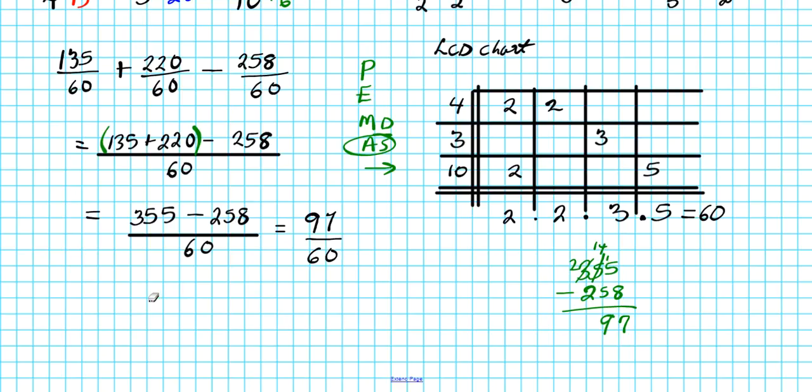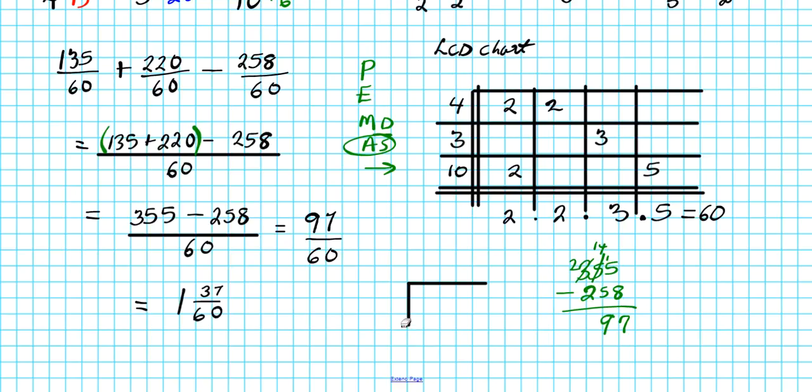This is an improper fraction. It can be expressed as a mixed number. 60 goes into 97 exactly once. And then when we subtract 60 from 97, we are left with 37 over 60. Okay? So the way you do this, we already went over improper fractions slash mixed number conversion in our previous tutorial.